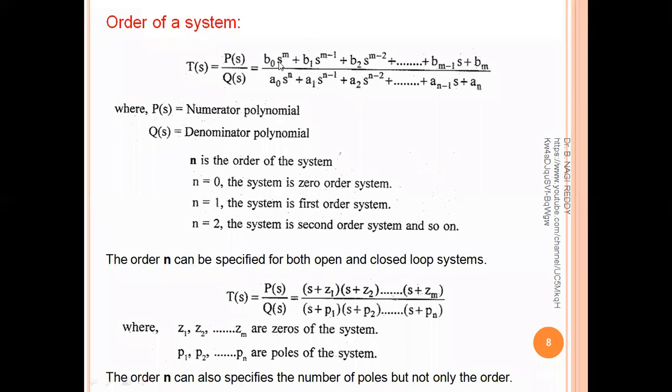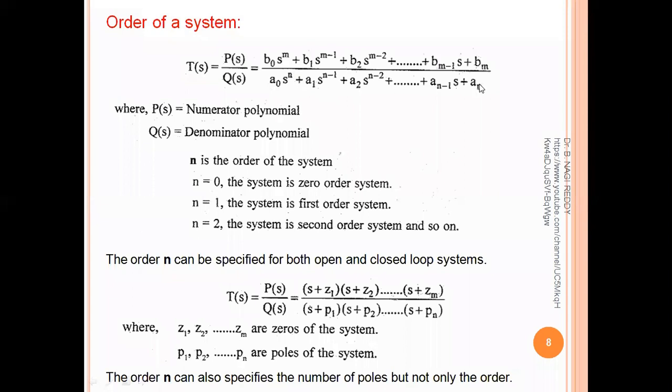So you can observe this equation. In the numerator, the maximum S power is M here. In the denominator, the maximum S power is N. Okay, so the order of a system can be determined by the maximum S power of the denominator.